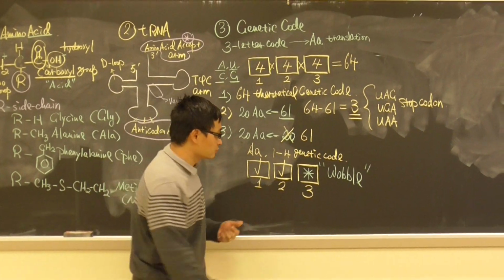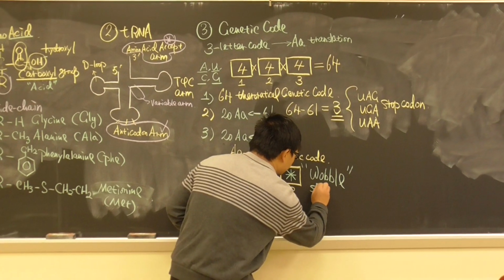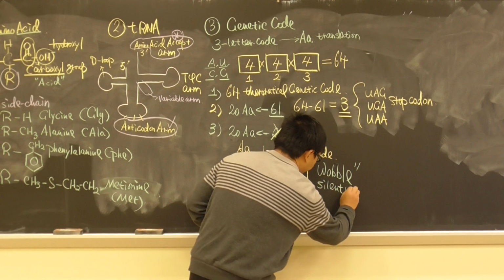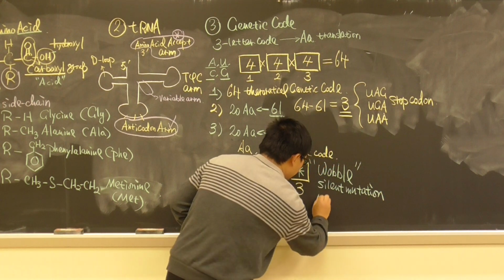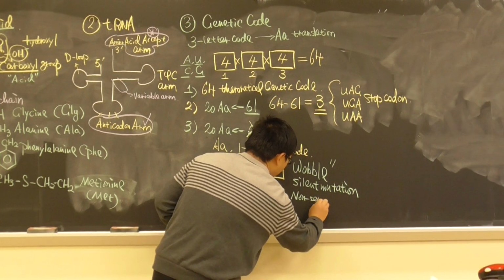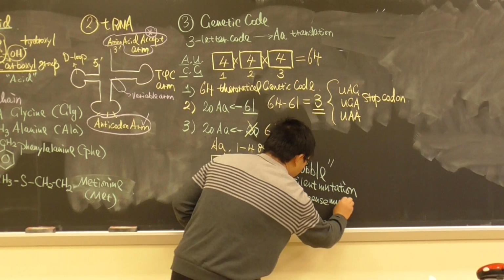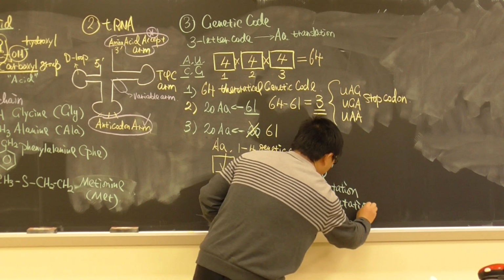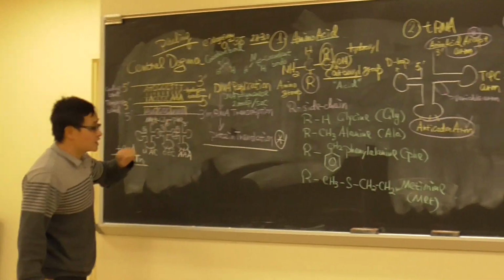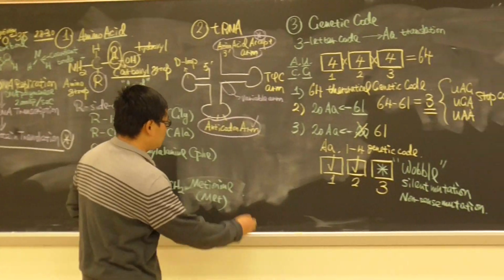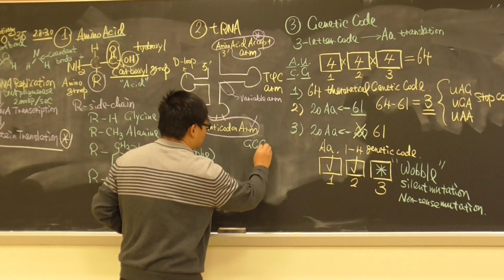So this type of mutation, we also call it silent mutation, or we call it nonsense mutation. So let's give you an example. We said GGG is glycine. Is that right? GGG is glycine.